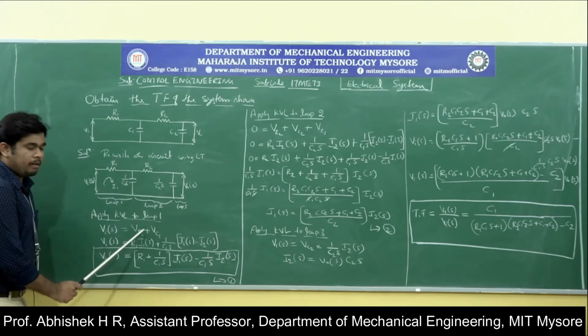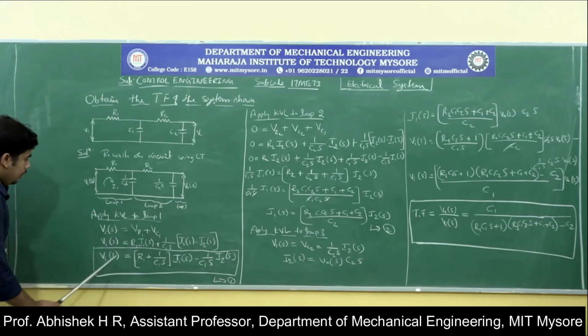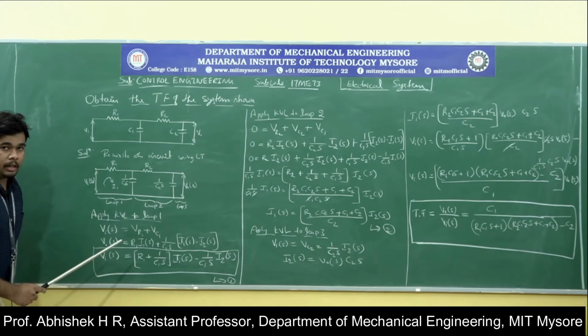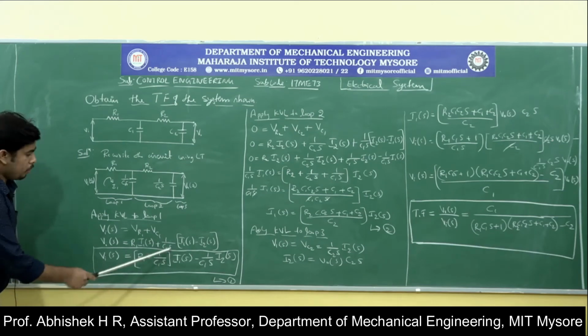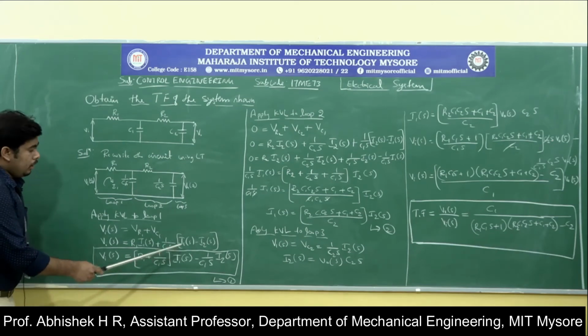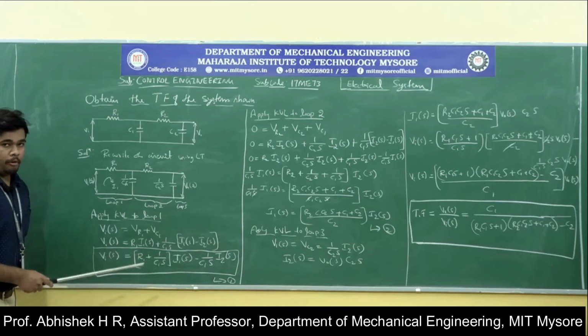So I have written VR1 plus VC1, and applying the values, R1 into I1 of S plus, since it is a capacitance, 1 by C1S into I1 of S minus I2 of S. Why?